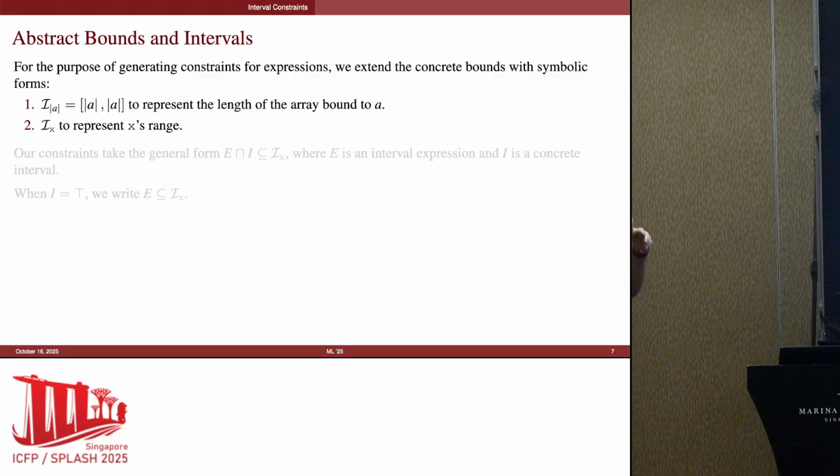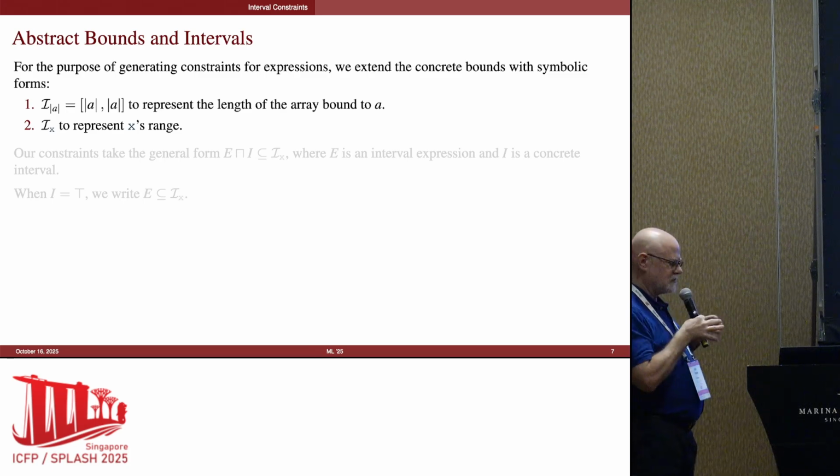When we have x, and then we say something like if x less than y, in the true branch we're going to have a different x. We're going to have x sub t, which is the true version of x. And in the false branch, we're going to have x sub f, which is the false version of x. Those are different variables, and thus they will have different interval expressions. And so that makes everything work very nicely.